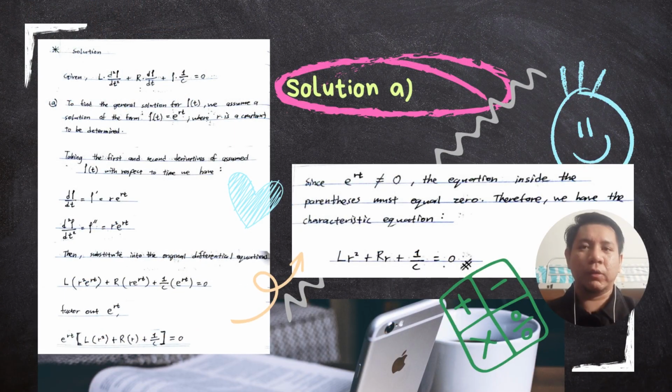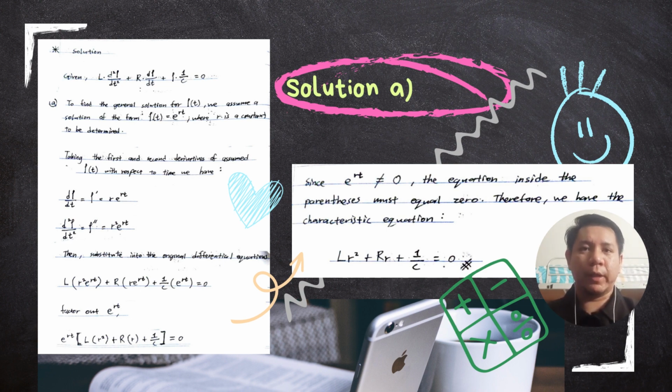Okay, for the solution for question A, given L times d square I over dt square plus R times dI over dt plus I times 1 over C equals 0. To find the general solution for I(t), we assume a solution of the form I(t) equals e^(rt), where r is a constant to be determined.